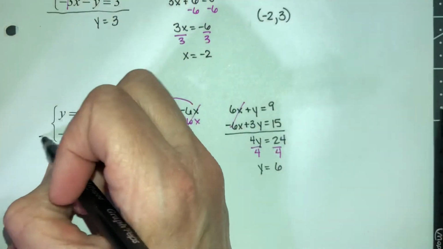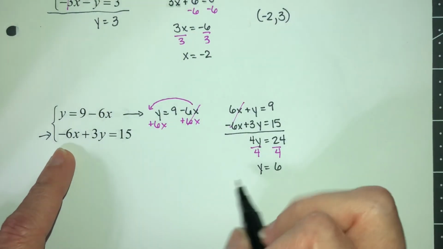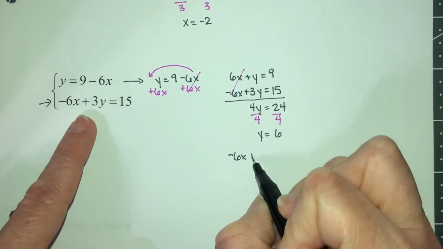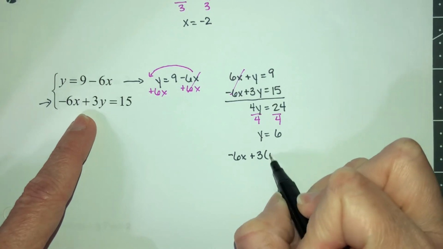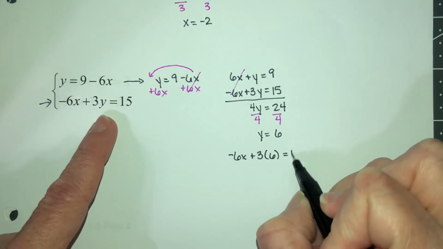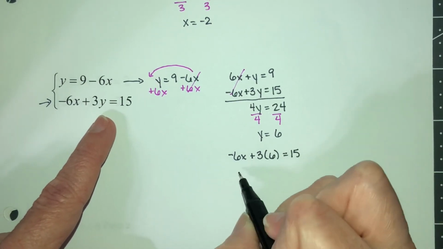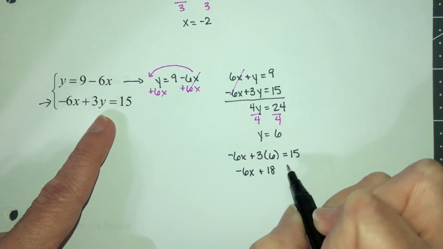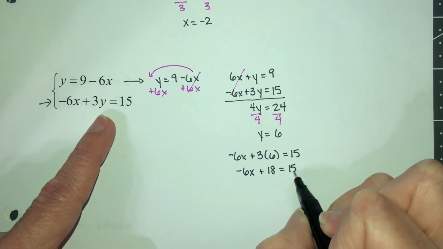Let's go into this one. That would be negative 6x plus 3 times y, which is 6, is equal to 15. Do your arithmetic. Negative 6x plus 18 is equal to 15.